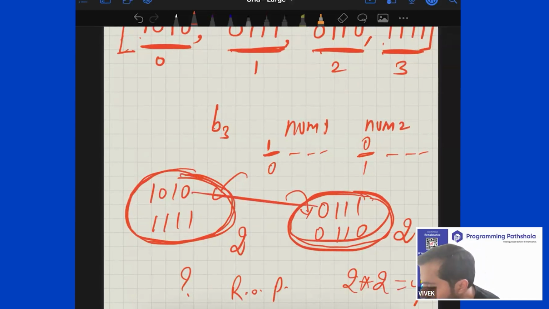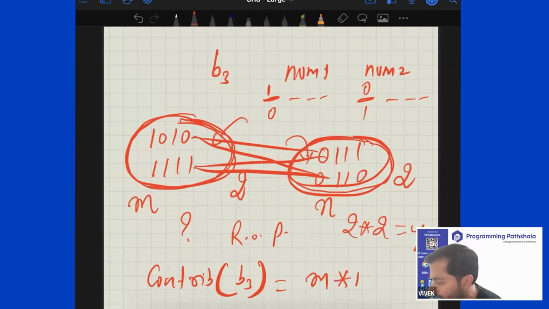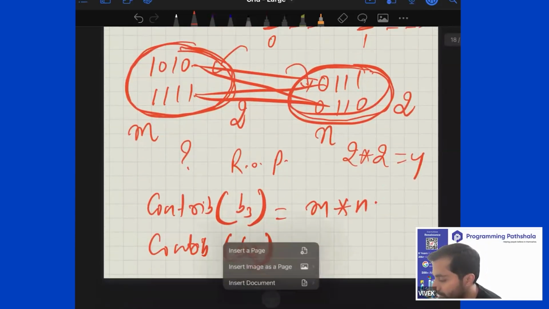So if there are m numbers in this basket and n numbers in this basket, then the contribution of the third bit is nothing but m into n. So this is the contribution of the third bit. If you now have to find the contribution of bit position 2, how will you go about it?